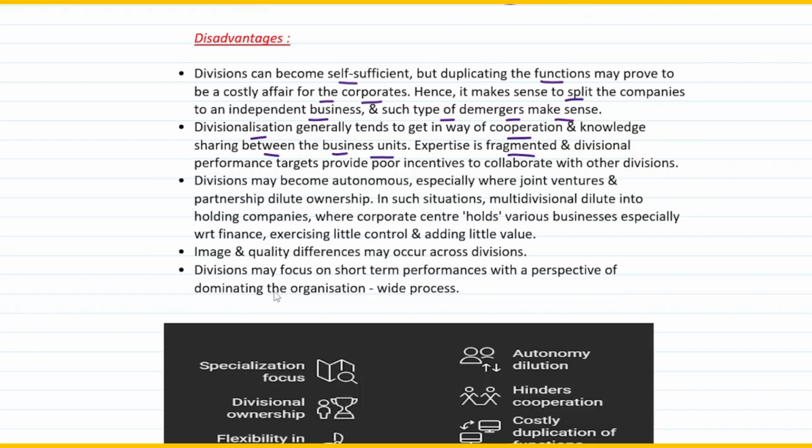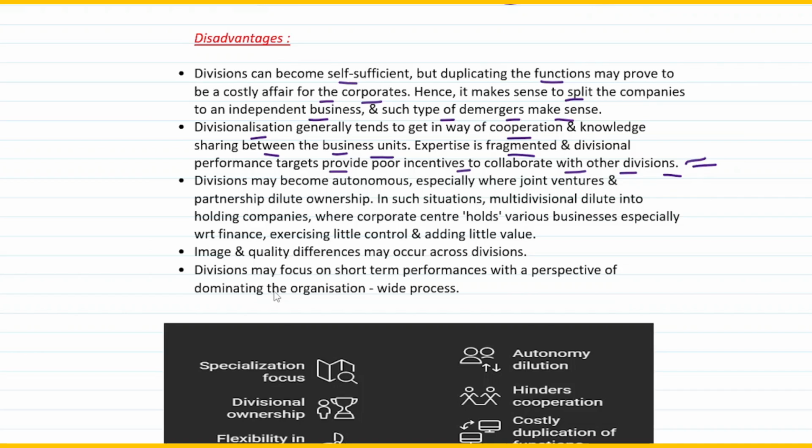Fragmented means you will have expertise, but it will be in different parts, in different geographies or different product segments. And divisional performance targets provide poor incentives to collaborate with other divisions. So even if you collaborate, that may be better for the company, but that can take a hit on the incentives. Hence, the staff may not take an active interest to collaborate with the other units or divisions.